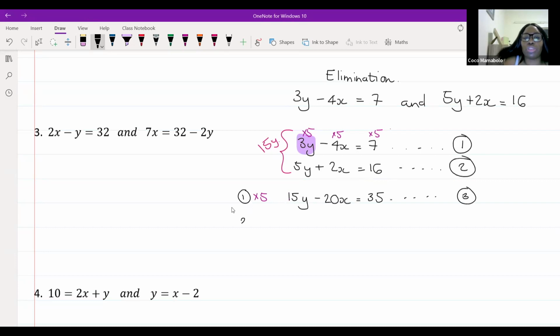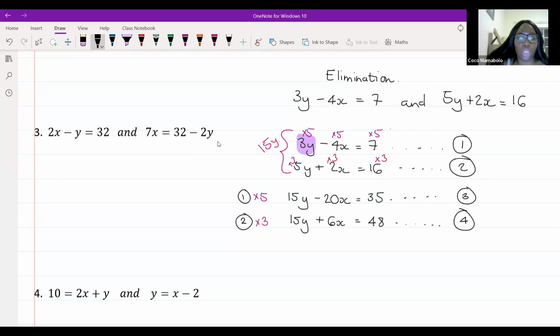And then for equation 2, I'm going to multiply by 3. So times 3, times 3, times 3. I'm then going to get 15y plus 6x is equal to 48, and we'll make that equation 4.